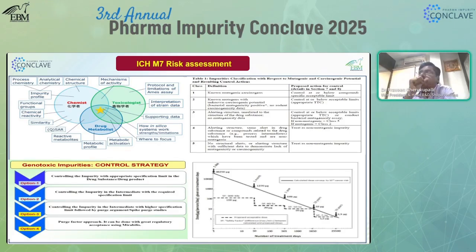And otherwise, you can use the purge factor approach also for these genotoxic impurities, where you can control these impurities at some stage, maybe in the KSM or intermediate stages, and you can calculate the purge factor and show that these impurities will be completely washed out in your manufacturing process. By that, you can avoid the control of these impurities in your drug substance.